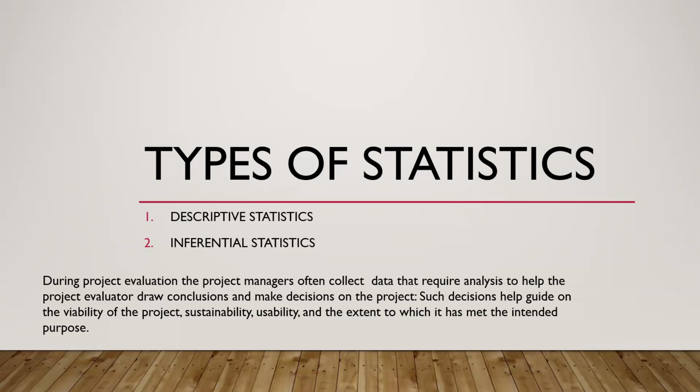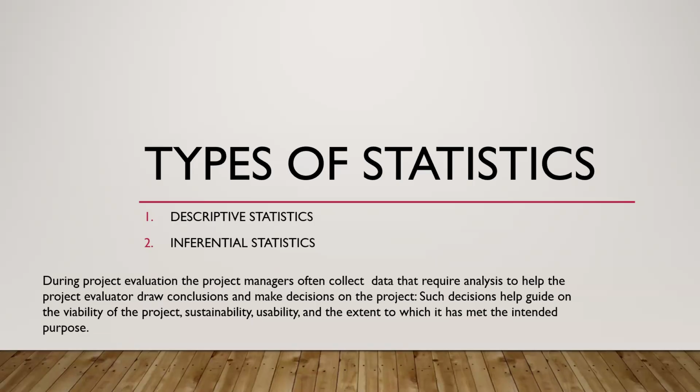So when you collect the data, I'm now explaining the line which is below, the main reason is for you to analyze that data, then be able to make conclusions on it. Okay? By making conclusions on the data, that is what we call making inferences.